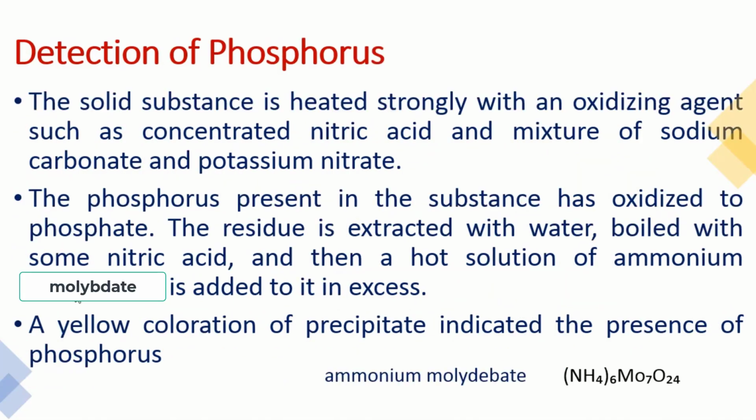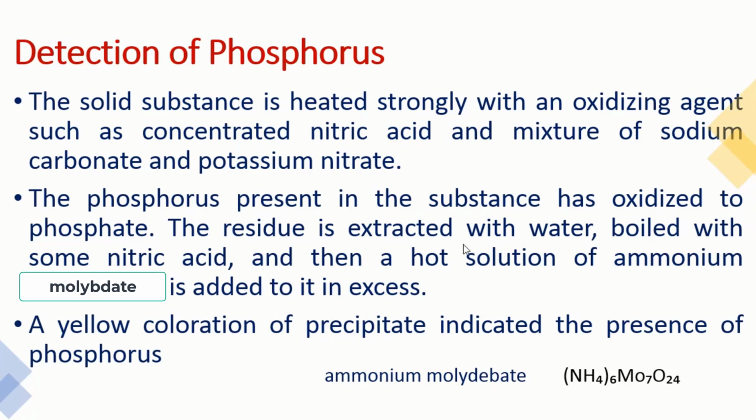Then we come to phosphorus. For phosphorus, the solid substance is heated with oxidizing agents, which cause oxidation, such as concentrated nitric acid or a mixture of sodium carbonate and potassium nitrate. The function of these is to oxidize phosphorus to phosphate.